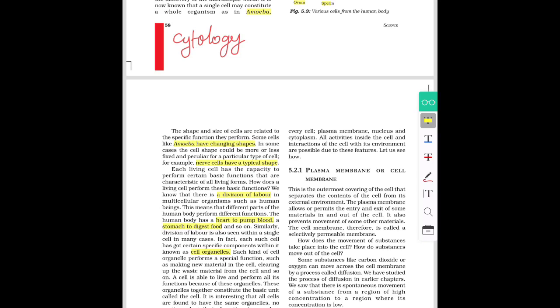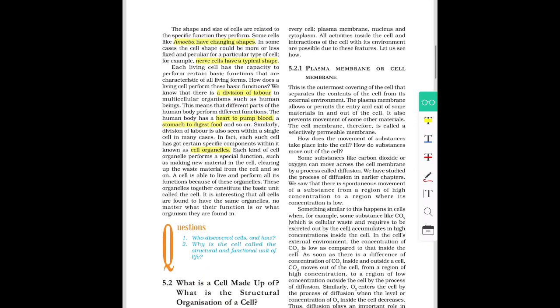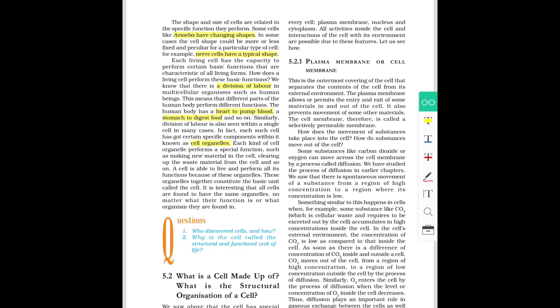So, we understood from this topic very clearly that the basic unit of our body is a cell, and a cell is made up of various organelles.